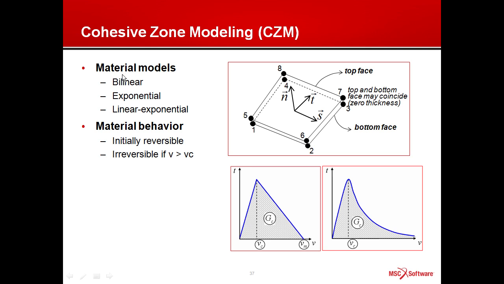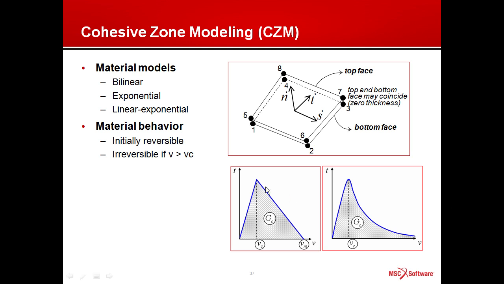The user may choose a bilinear model, this one right here. The bilinear model says, okay, go ahead and start to deform. The top and bottom faces can start to deform relative to each other while the traction stress goes up linearly, up to the point where the user defines a critical relative displacement. When that point is reached, the damage starts to kick in, and this material starts to fail.